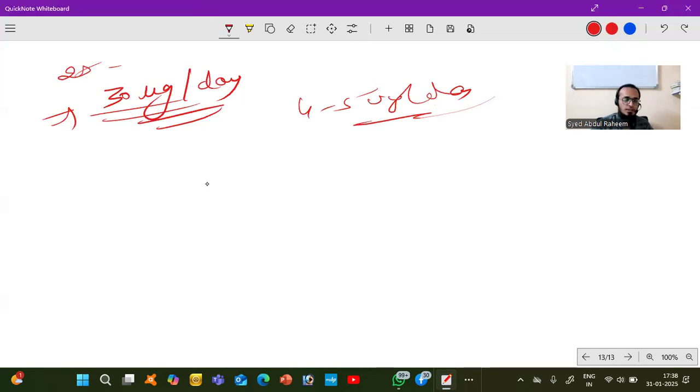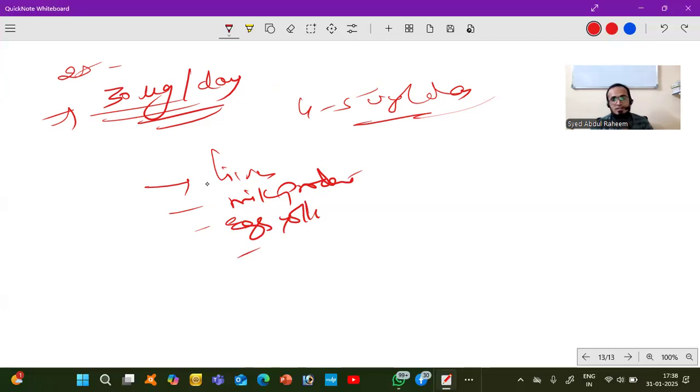What are the sources? You can take it from liver. In your liver, you have everything. Milk products, egg yolk. Nowadays everyone is telling, no, don't take egg yolk, but vitamin biotin is present in egg yolk.